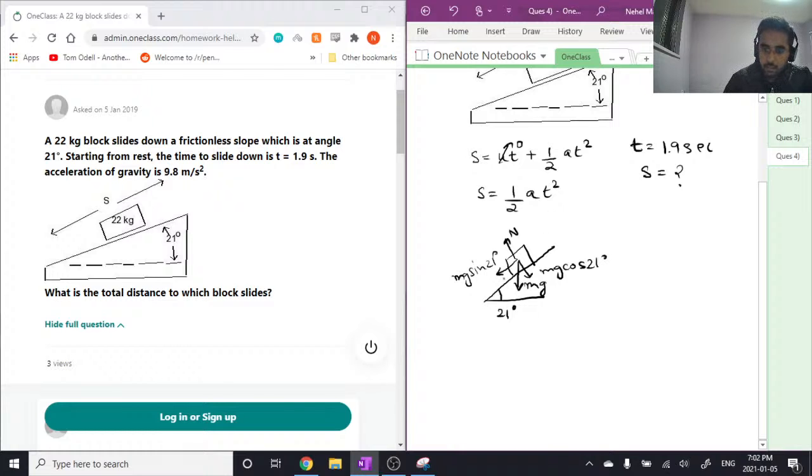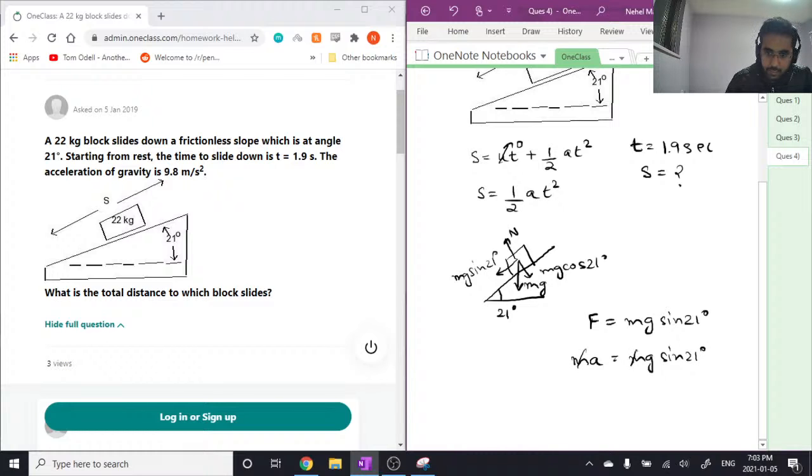Okay, if we look at the sum of forces along the surface of the plane, we only have mg sine of 21. Therefore, F is equal to mg sine of 21 degrees, and F is equal to ma is equal to mg sine of 21 degrees.